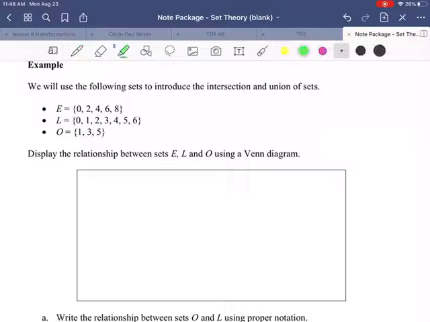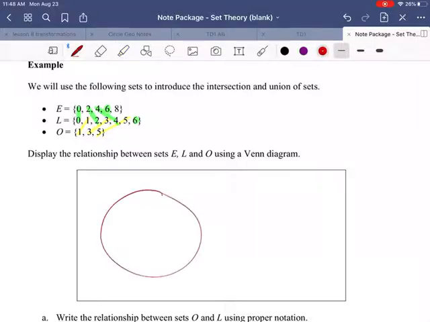Note that E has a number of elements that are the same as L, and L and O also have things in common. A very important thing is that all of the elements of set O are part of set L, which will be very interesting here.